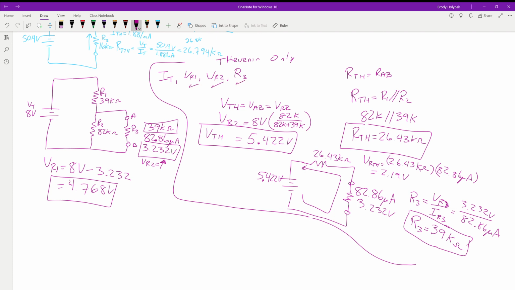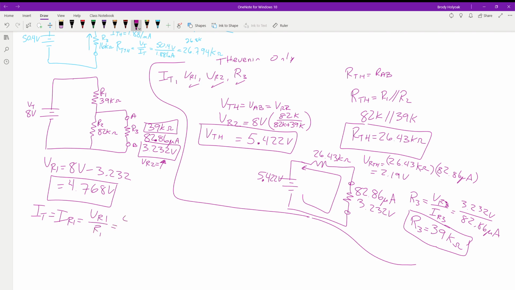And then the last step we need to find is I total. I total we could find by total voltage over total resistance, or the current going through R1, because that's going to be the same, because it's in series with the source. So I total is equal to the current through R1, which is voltage of R1 divided by R1.